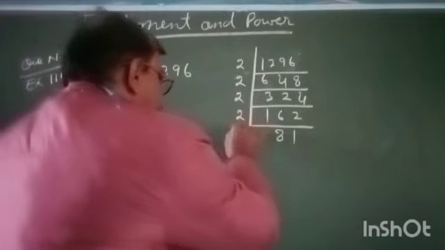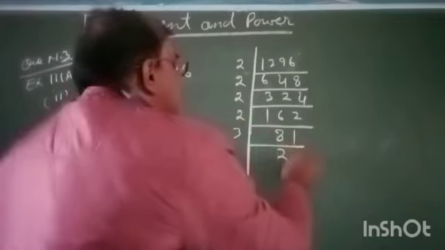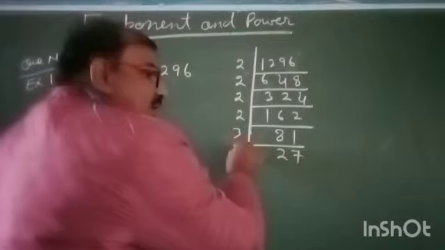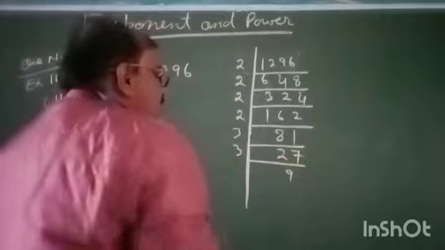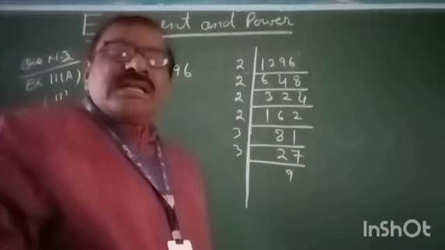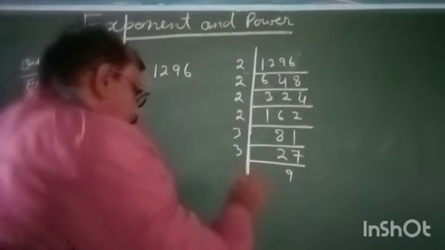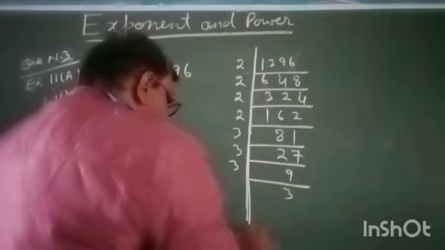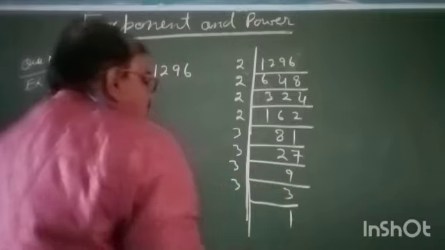So 3 2s are 6, 3 7s are 21, and 27 is also divisible by 3. Therefore 3 9s are 27. Now also 3 3s are 9, and 3 1s are 3.